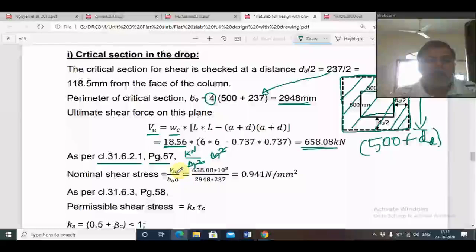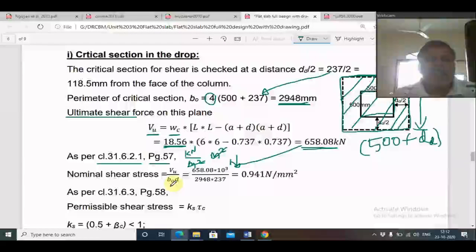So U by b naught into d. To make it clear, I have put U for ultimate shear force because it is multiplied with the load factor already. So U is 658.08 into 10 power 3 Newton divided by area.